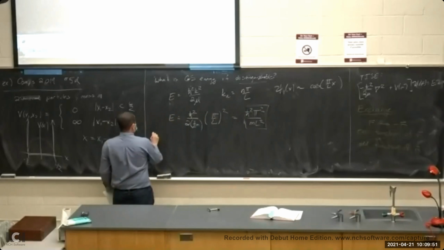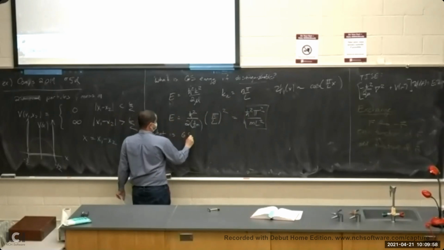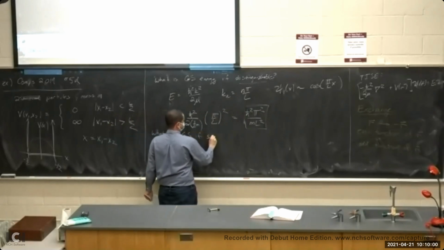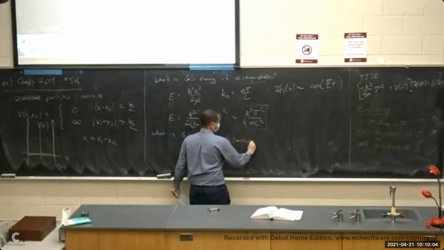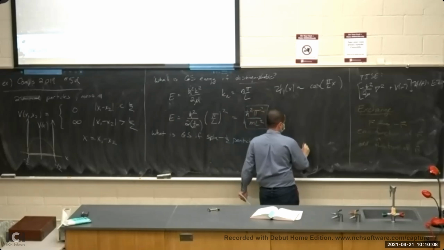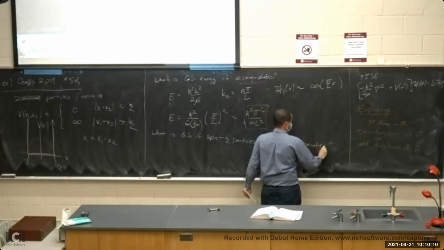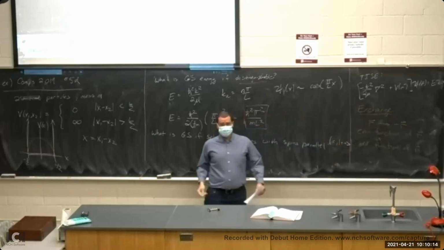On the other hand, what is the ground state energy if they are spin 1/2 particles with spins parallel, i.e. something like plus plus?